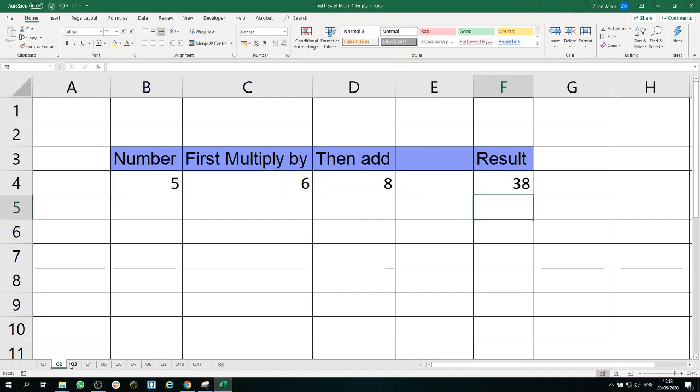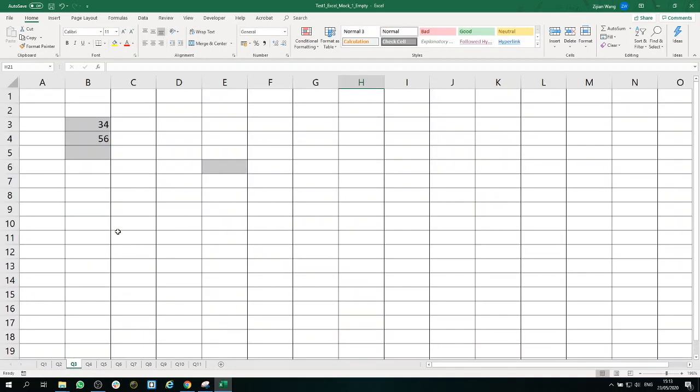Let's move to the next question, question number 3. We have done a similar exercise before. It's about the relative cell reference. So if we want to know the sum of these two cells, we would add B3 to B4.